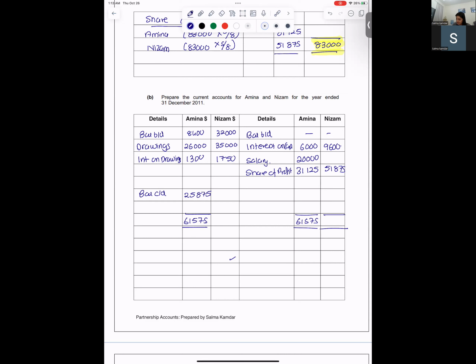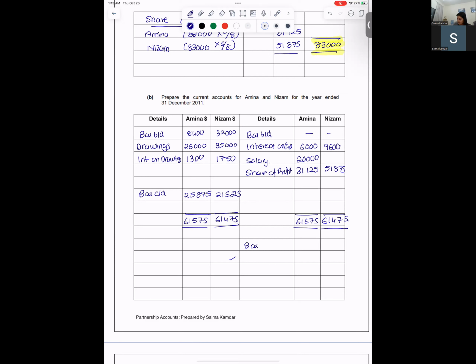Credit total of Nizam is 61,475. I will write it on both sides. From this, when I deduct 3,200, 35,000 and 1,750, I will get the closing balance as 21,525.